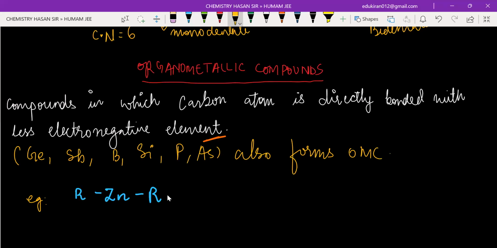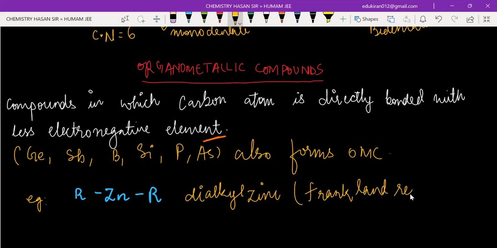So this is your dialkyl zinc, also known as Frankland reagent.